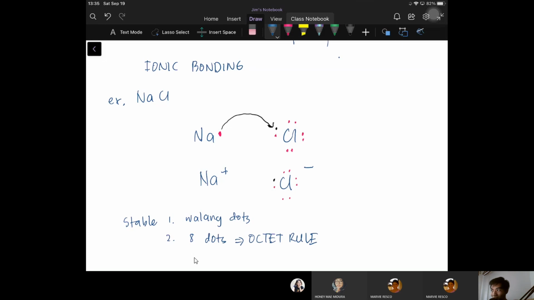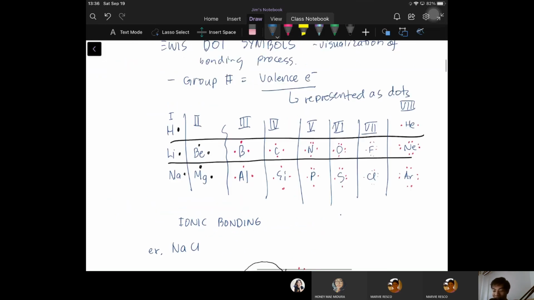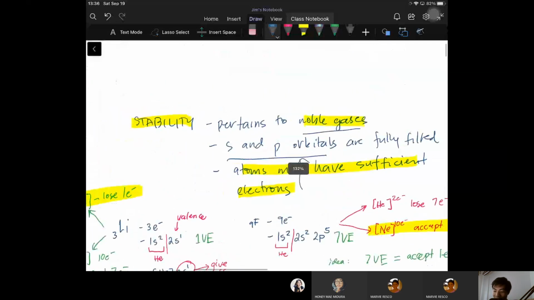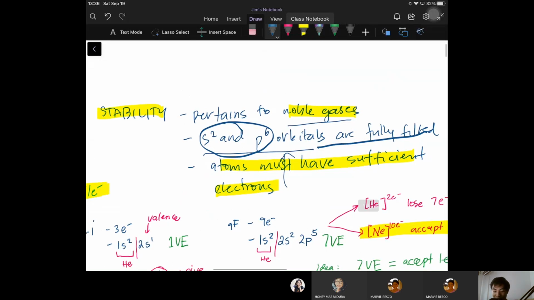Kasi ganito ang reason, bakit 8 dots. Remember, balik tayo dito sa sinabi natin kanina. When they say stability, S and P orbitals are fully filled. Ilang electrons meron sa S? 2. Ilang electrons meron sa P? 6. So 2 plus 6, 8 electrons.